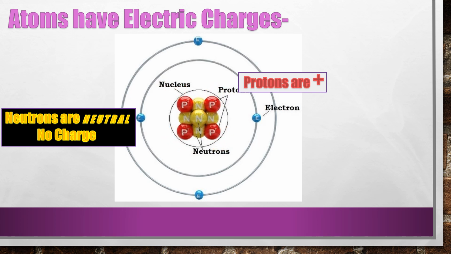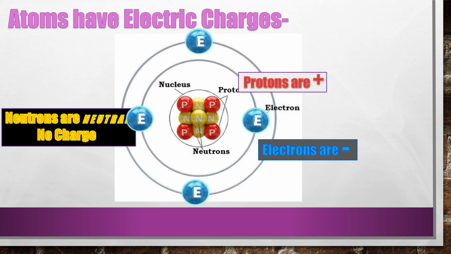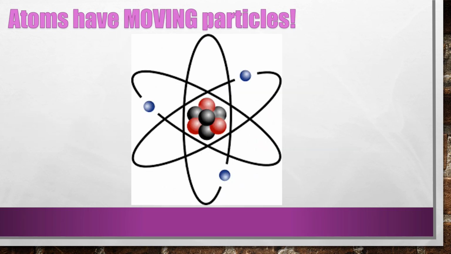Then the third one is on the outside, and they have their own little orbits that they go around the nucleus. Those are called electrons, negatively charged particles. Because there is a positive charge in the center and a negative charge on the outside, they're constantly in this battle, causing this motion around the nucleus.